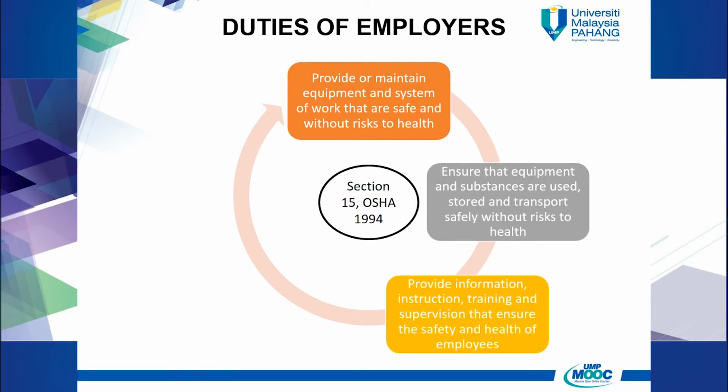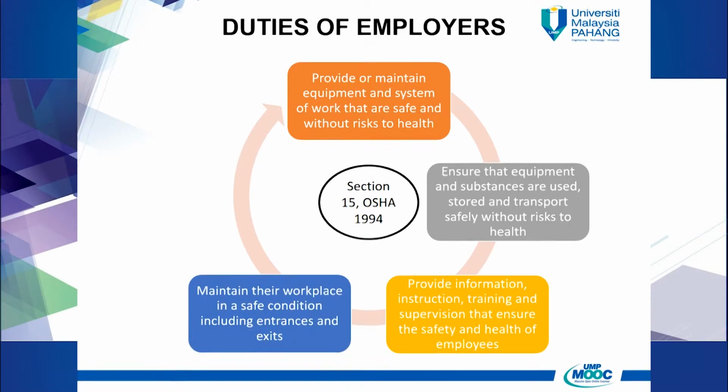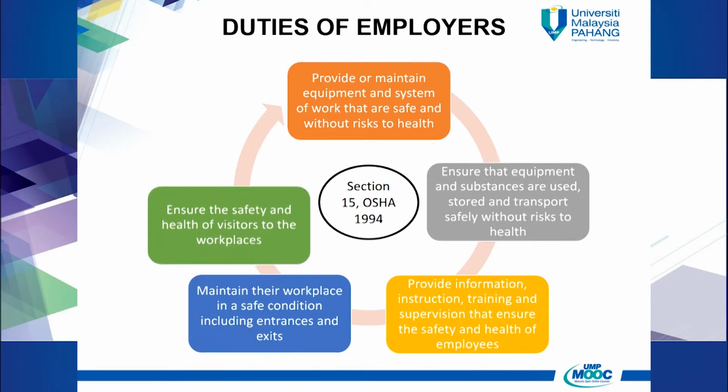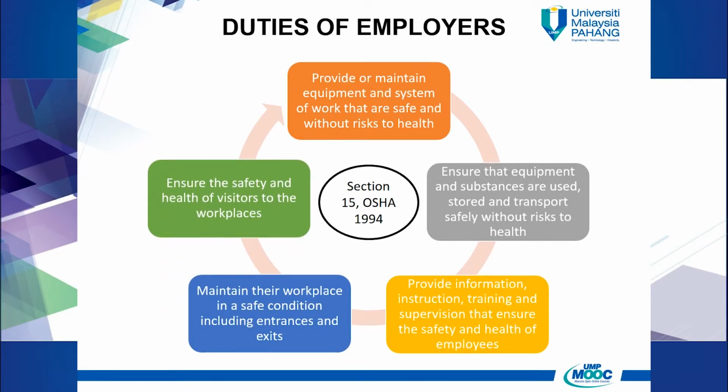Provide information, instruction, training, and supervision that ensure the safety and health of employees. Maintain their workplace in a safe condition, including entrances and exits. Employers must also ensure the safety and health of visitors to the workplaces.